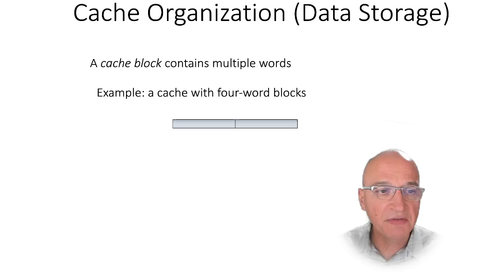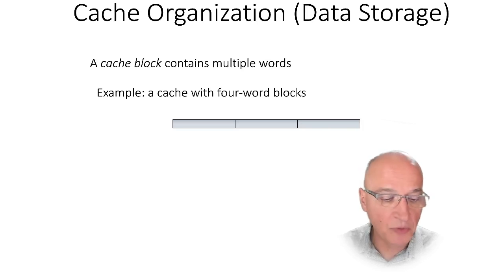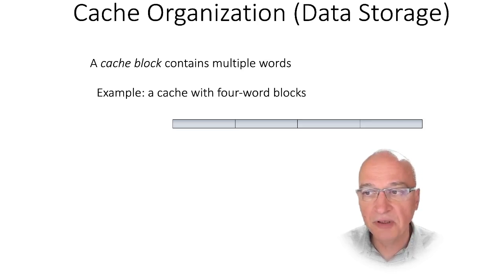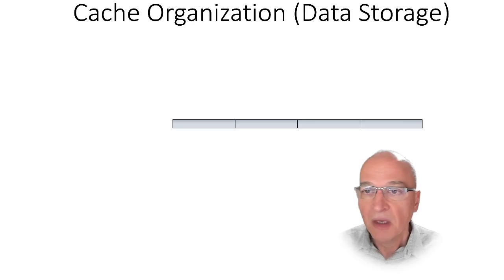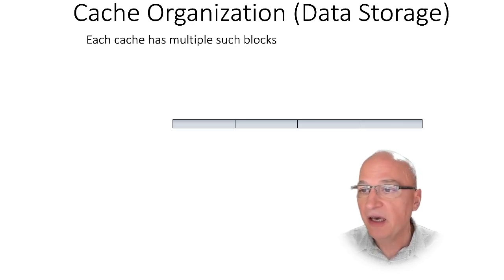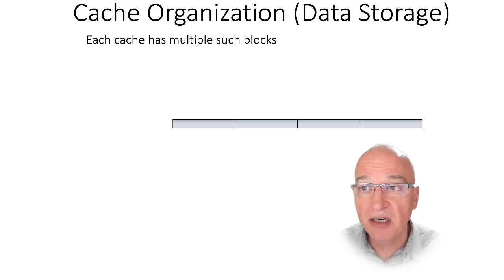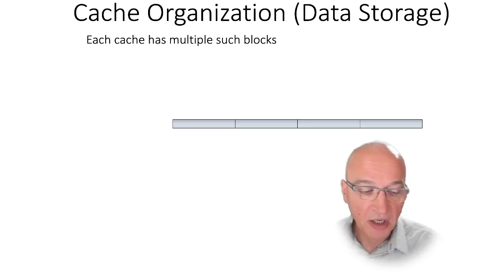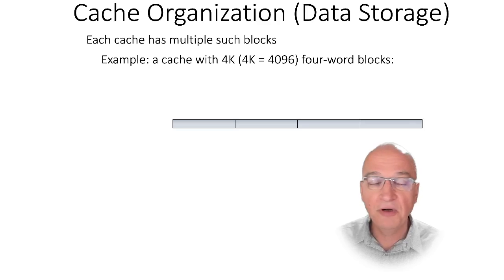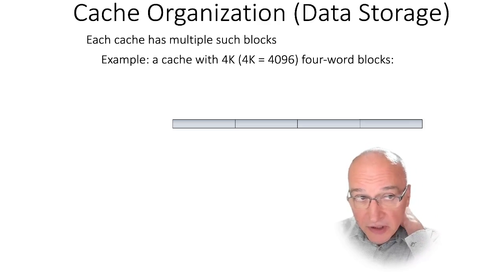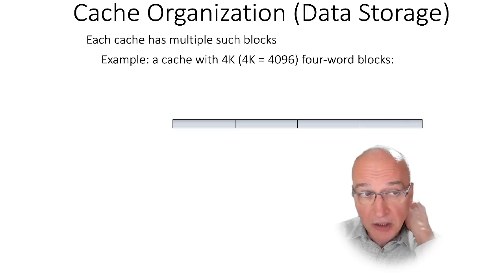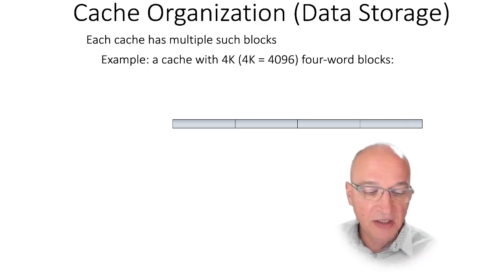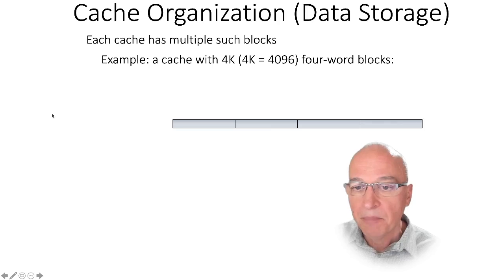In that case, if each one of those rectangles represents a word, this would be a block of data in my cache. If I have a cache that has a 4-word block like this, and each cache has multiple such blocks, I could have, for example, a cache that has 4K 4-word blocks, where 4K is 4096.